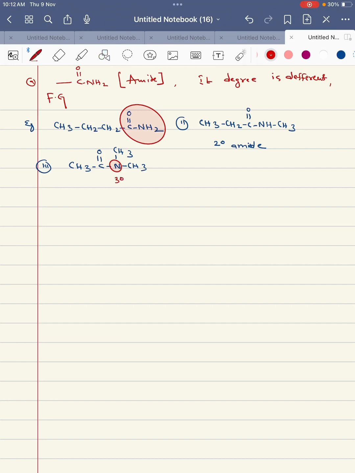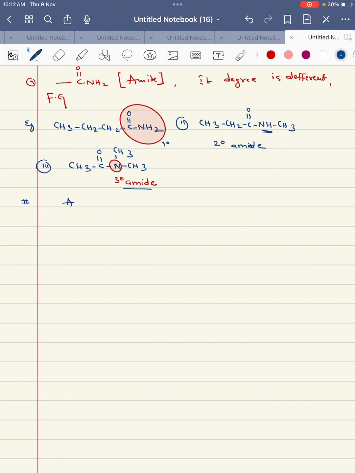Hence it is called a 3 degree amide. So this is the 1 degree amide with NH2, this is the 2 degree amide, and this is the 3 degree amide. So here also 1 degree, 2 degree, 3 degree amides are functional isomers of each other.